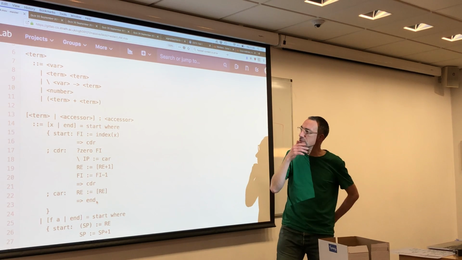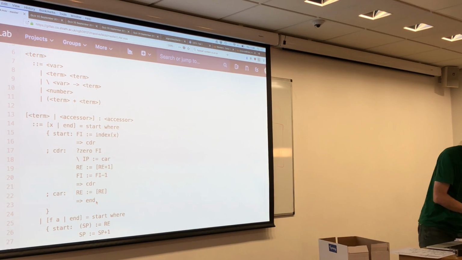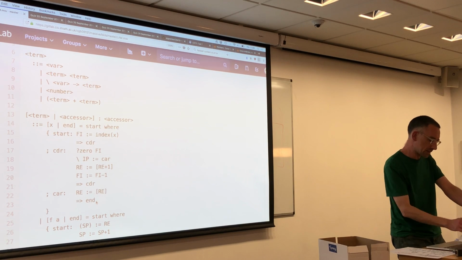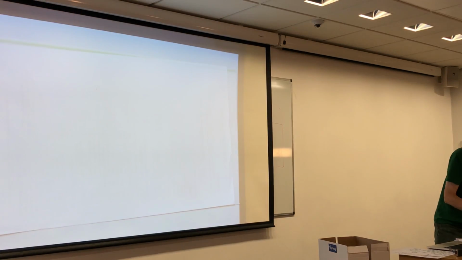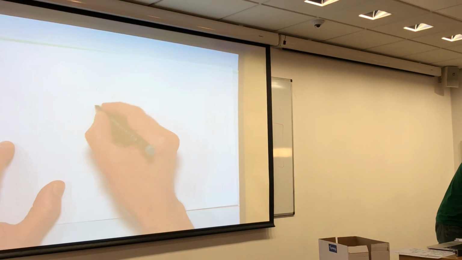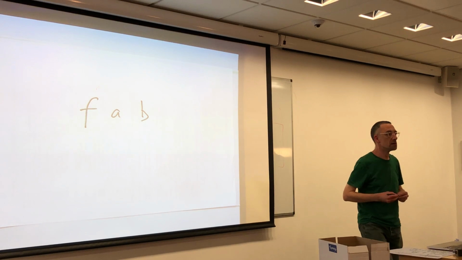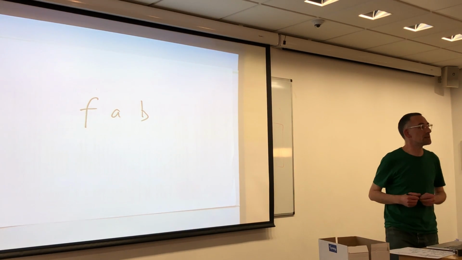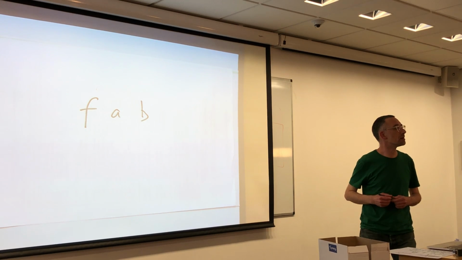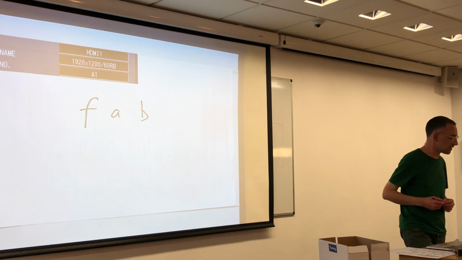And one thing you'll notice with this grammar is that it doesn't tell you, if I write F A B, there are far too many syntax trees for what that might be. Yeah? That might be, well, there's certainly two.